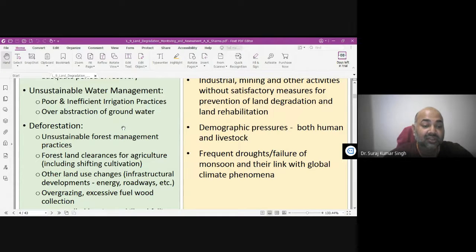So we are cutting down the trees without proper strategy. That's why unsuitable forest management practices. Like if I ask today how many of you or in your family have planted a tree, most of you will say no. But if you see the amount of wood products that we are using in our houses, the furniture, the doors, the tables, we are cutting down the trees and we are planting nothing.